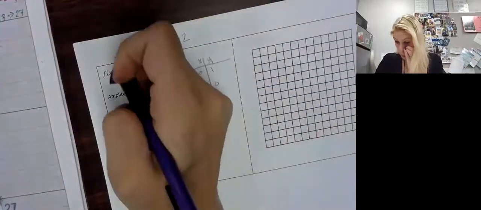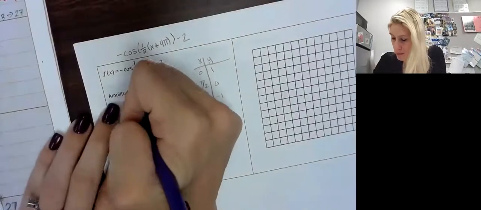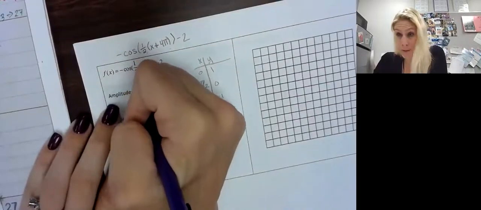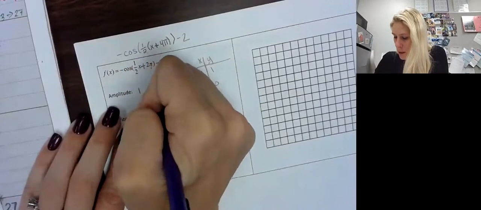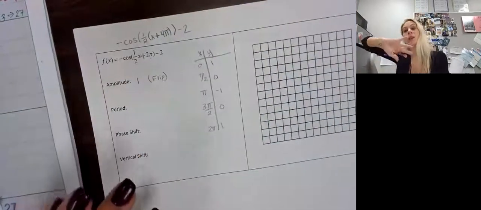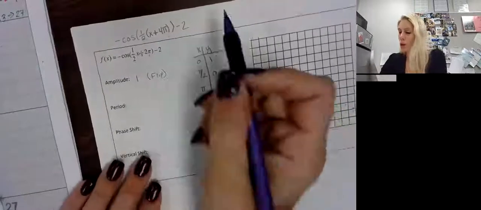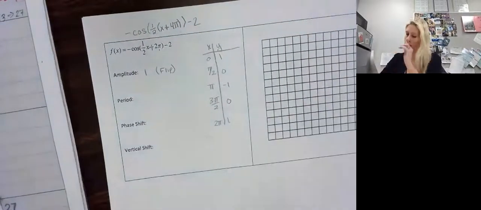Okay, amplitude is the absolute value of what's out front. So the absolute value of -1 is 1. But what I'm going to keep in mind is, since it's negative, it means we're going to flip our graph. So we should see that flip. It should no longer be a valley, because it's cosine. It should be a hill.